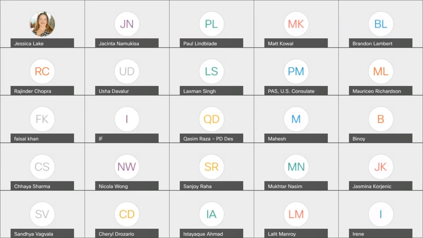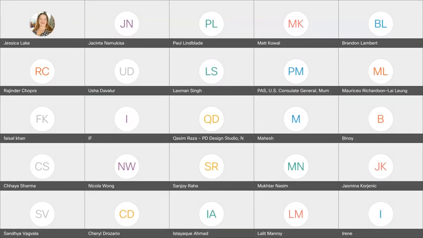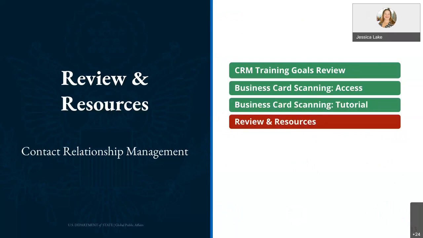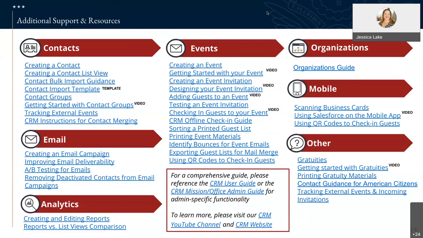So as I said, I shared that quick reference guide with you. So that should be available, and you can follow that step by step for how to set up that business card scanner. We also have a ton of great resources. I'm going to share the slide presentation with you after this meeting as well.